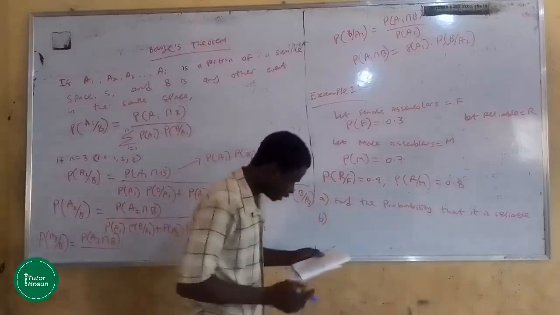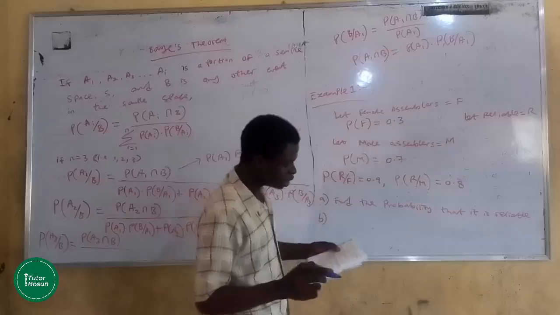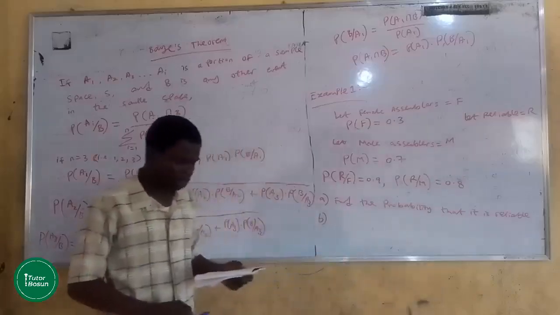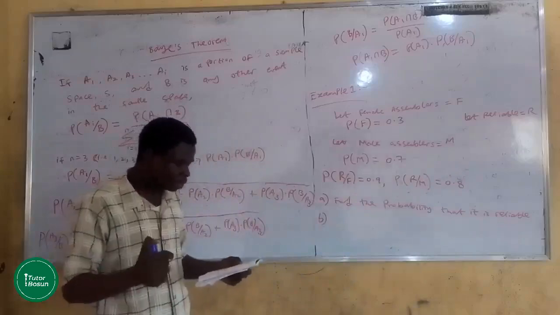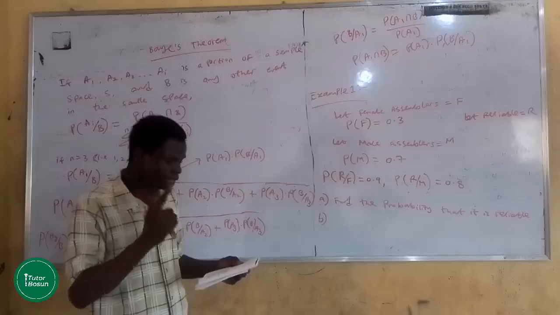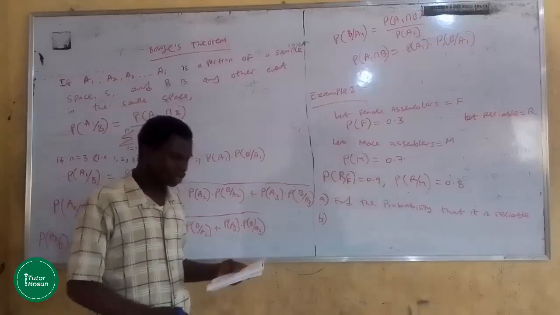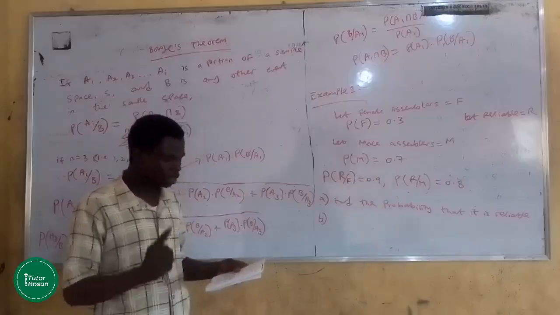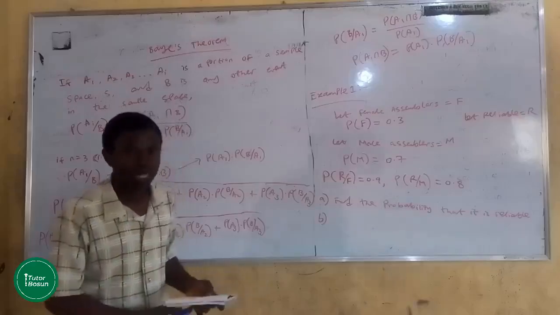So B says, suppose that the instrument picked off the shelf is reliable, determine the probability that it was assembled by a female specialist, and also determine the probability that it was assembled by a male specialist.